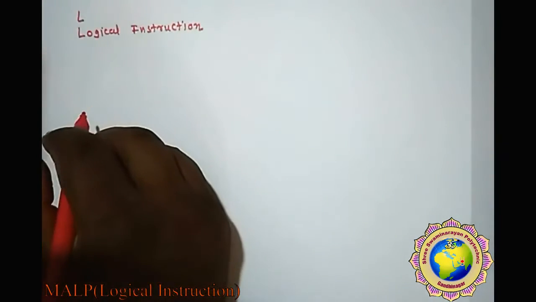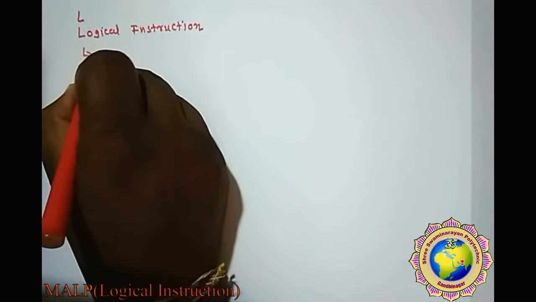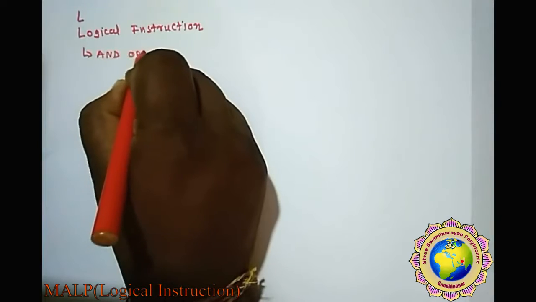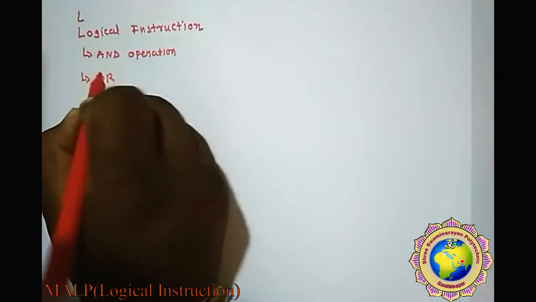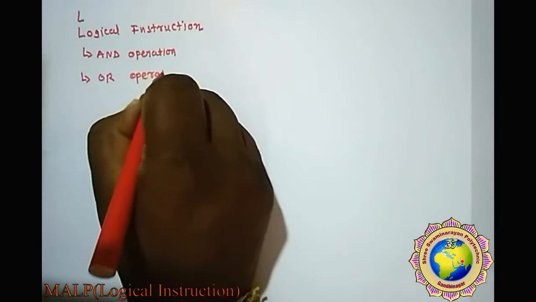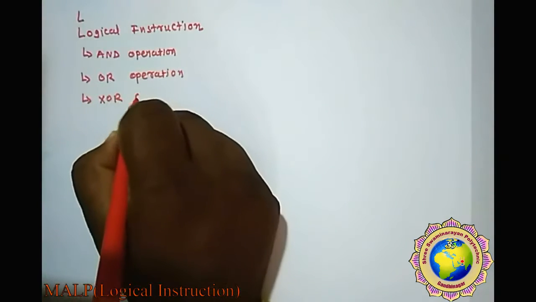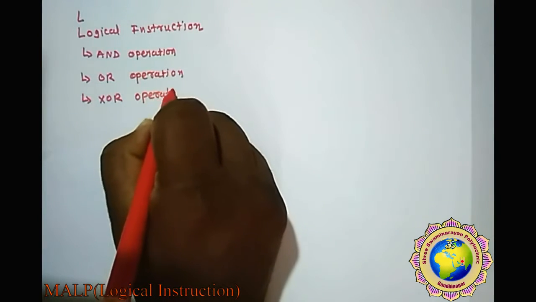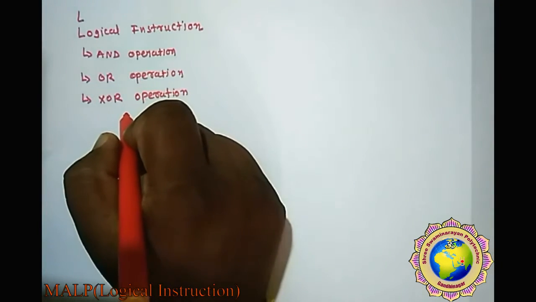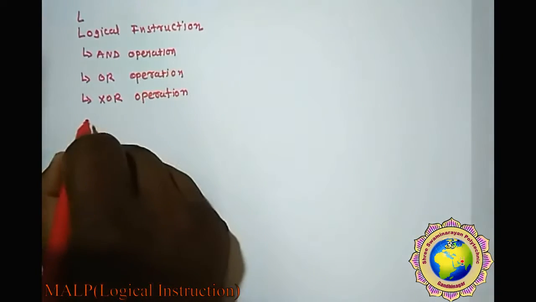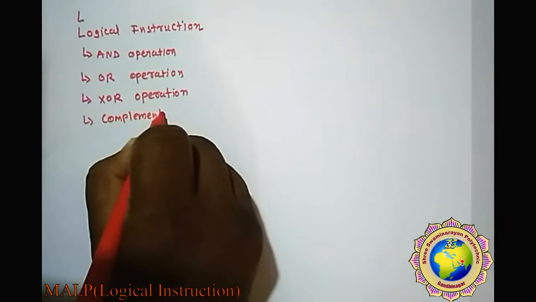The logical instructions cover the AND operation, second the OR operation, third the XOR operation. Whatever we have studied in the first semester digital electronics, all the logical operations can be performed in the logical instructions. And one is the complement accumulator. These four we have studied.